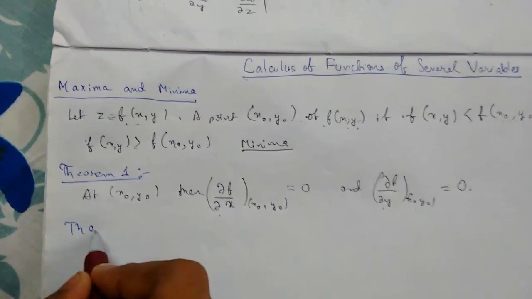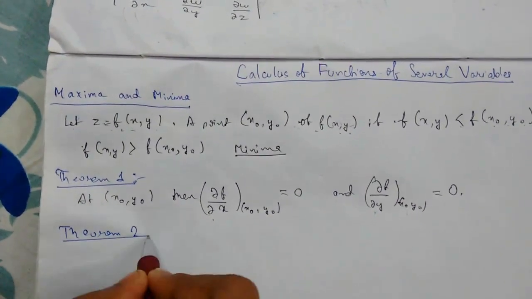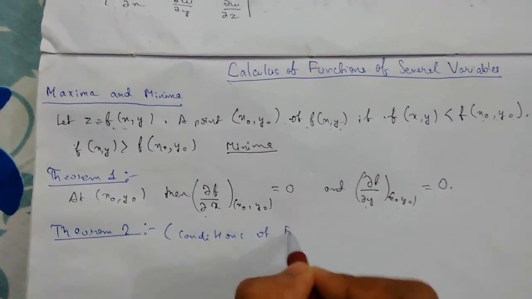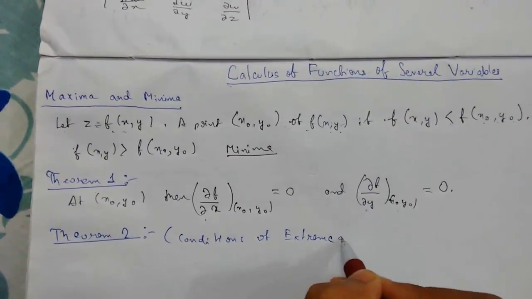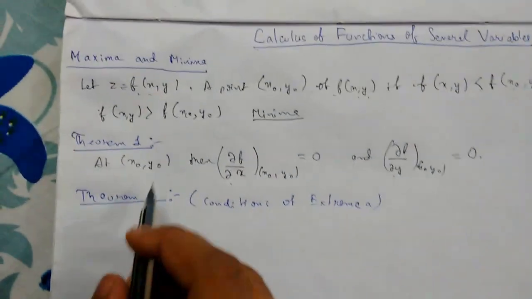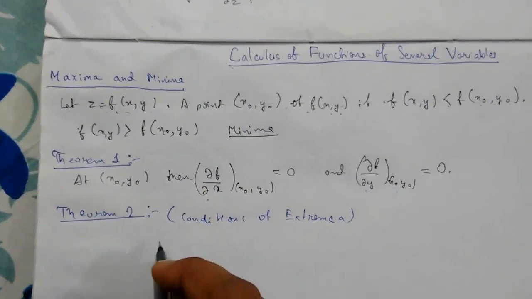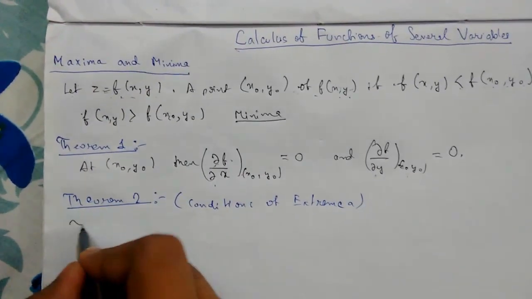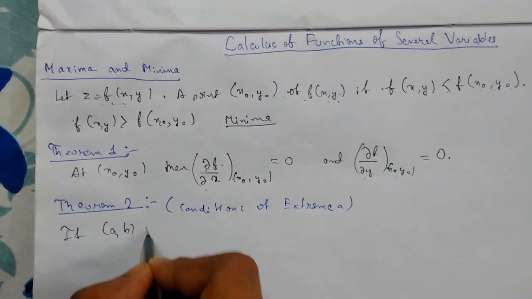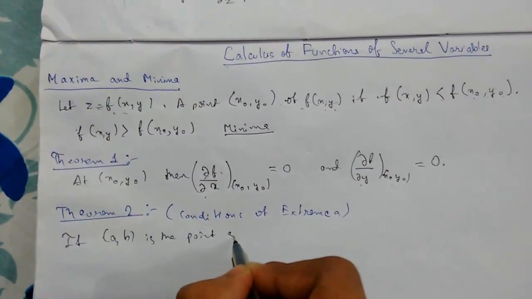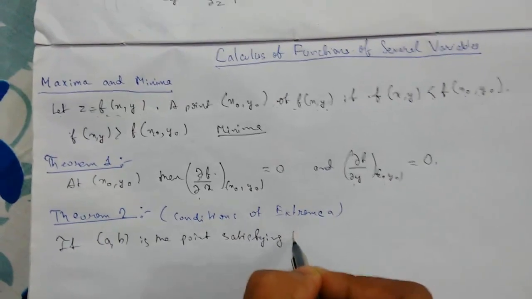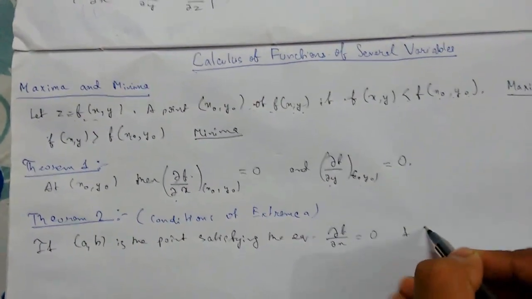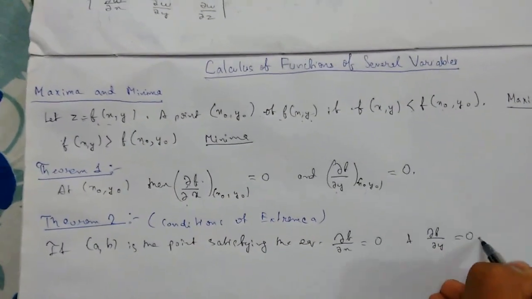So our theorem 2, the conditions for extrema, that is maxima or minima. Suppose for z equals f(x, y), if (a, b) is the point satisfying the equations del f upon del x equals 0 and del f upon del y equals 0.